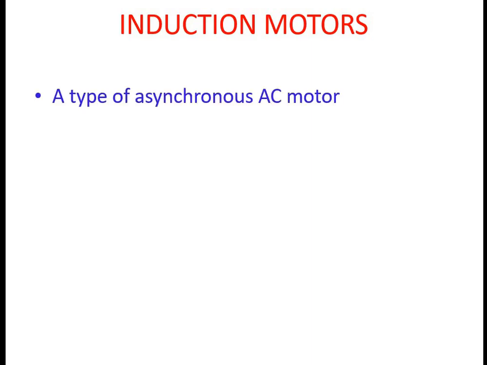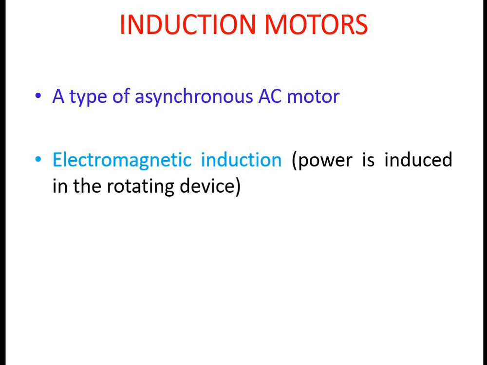So the induction motor, as we discussed now, is a type of asynchronous AC motor. The term asynchronous means both the stator and rotor will not operate at the same speed. Sync means same and chrono means time, so it will not operate at the same time, so not at the same speed. Such asynchronous AC motors work based on the principle called Faraday's law of electromagnetic induction.